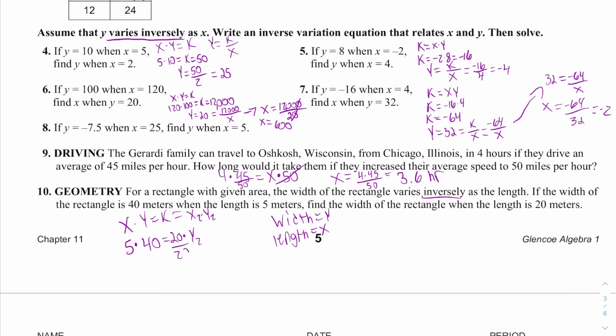So then now let's divide by the 20. 5 times 2 equals y2. y2 equals 5 times 2, which is 10 meters. Good luck.